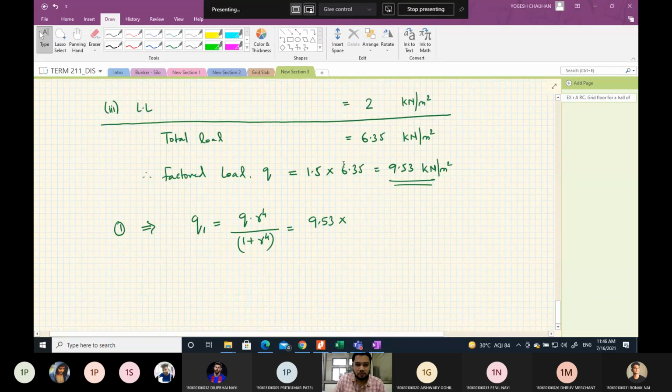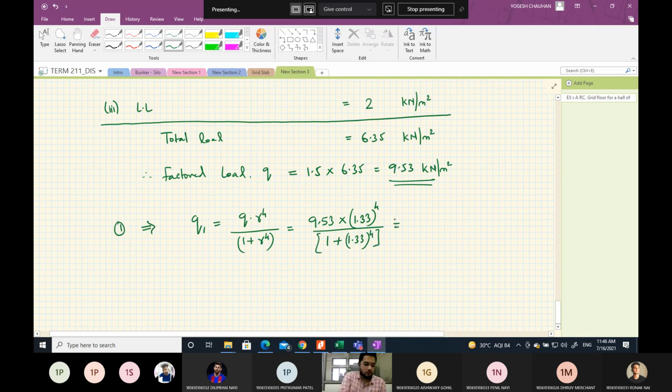Q is 9.53. Value of r is 1.33 raised to the power 4 divided by 1 plus 1.33 raised to the power 4.